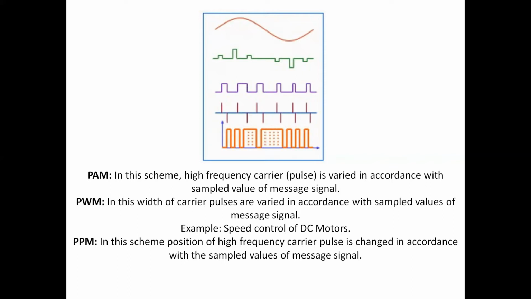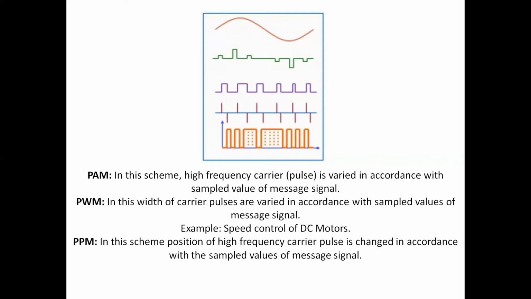For example, speed control of DC motors is accomplished using pulse width modulation. Also, output signal processing of sensors and actuators is done using pulse width modulation.